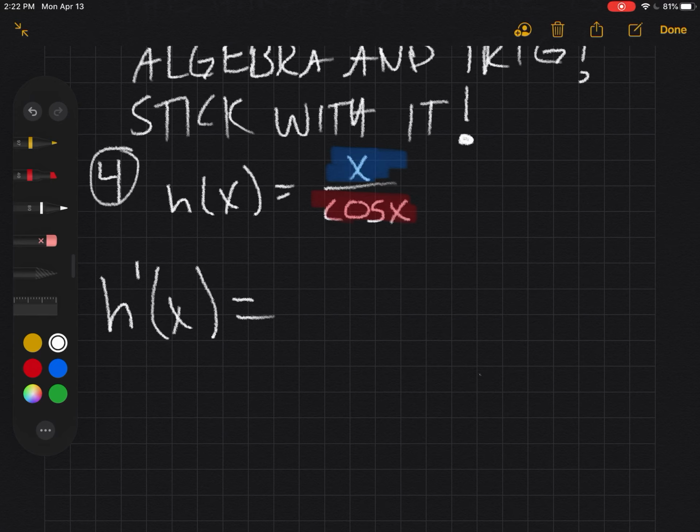We have the quotient rule because I have this function in blue divided by this function in red.